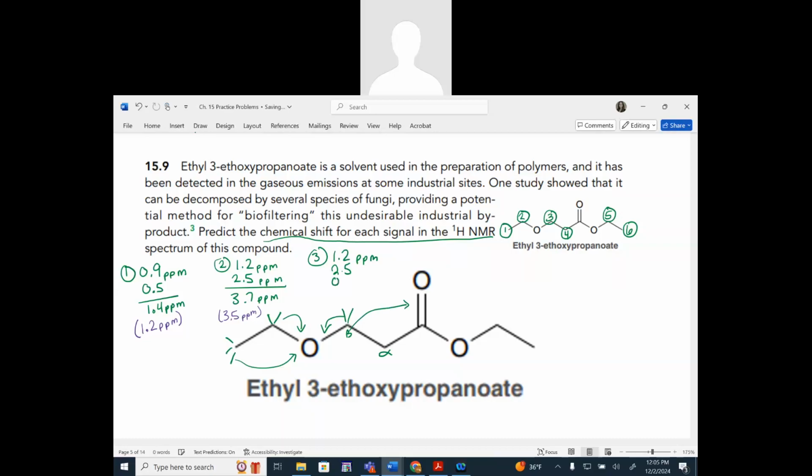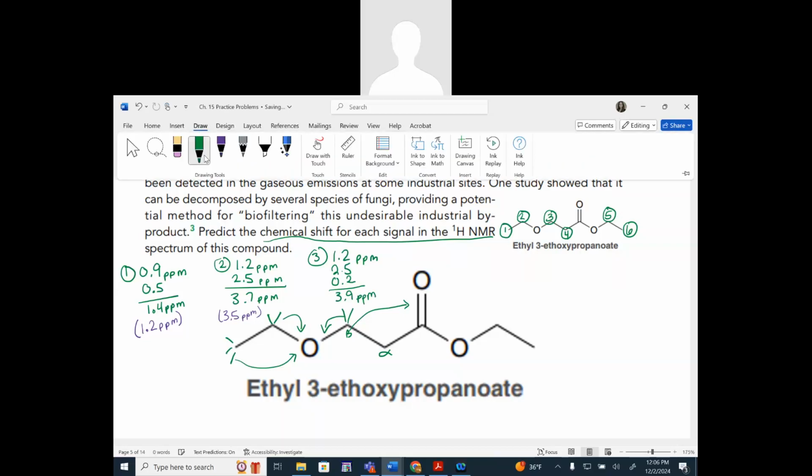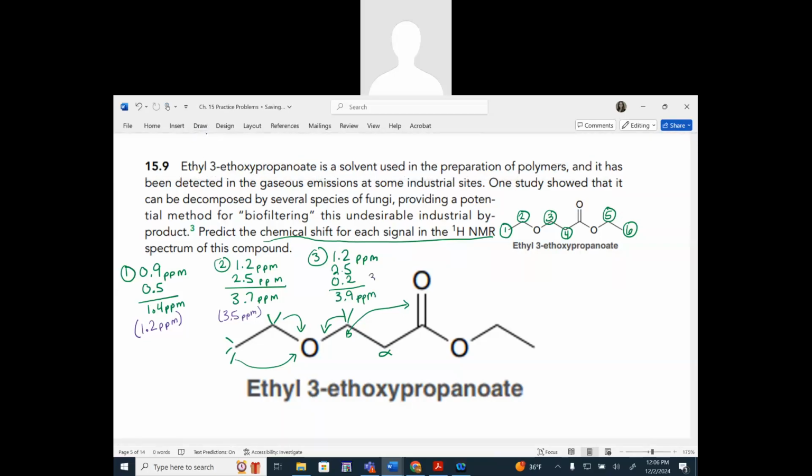So we add an additional 0.2, because that is 1/5 of the 1.0 for a carbonyl. So we add 1.2, 2.5, and 0.2, and we see an expected signal around 3.9 ppm, and our actual signal is at 3.7.